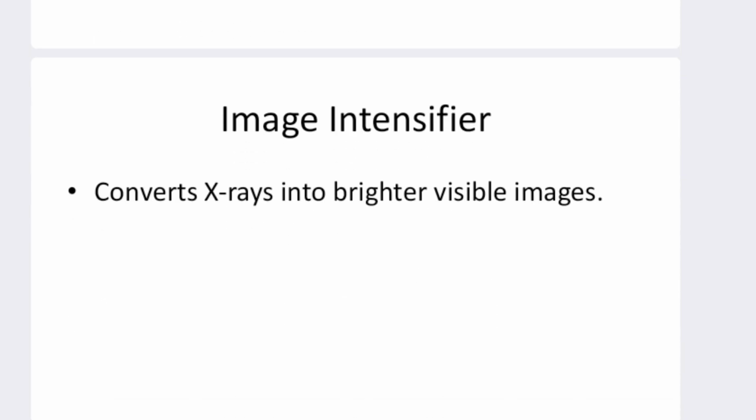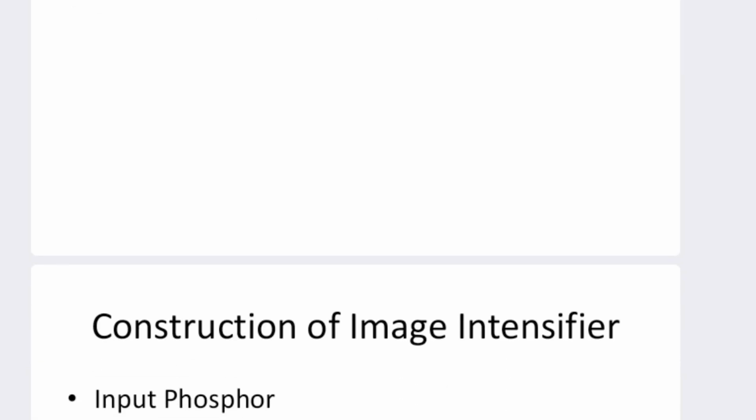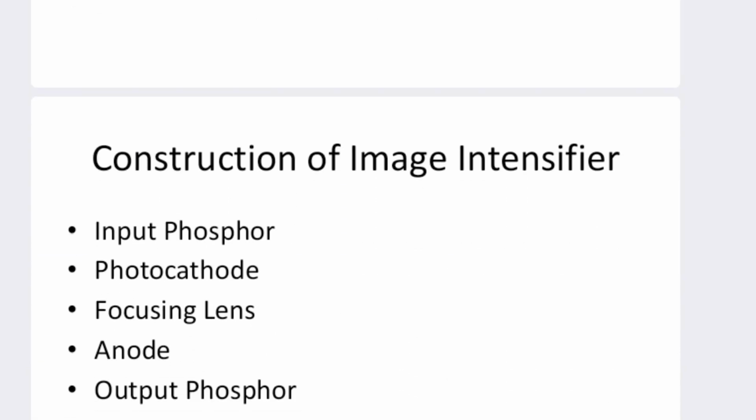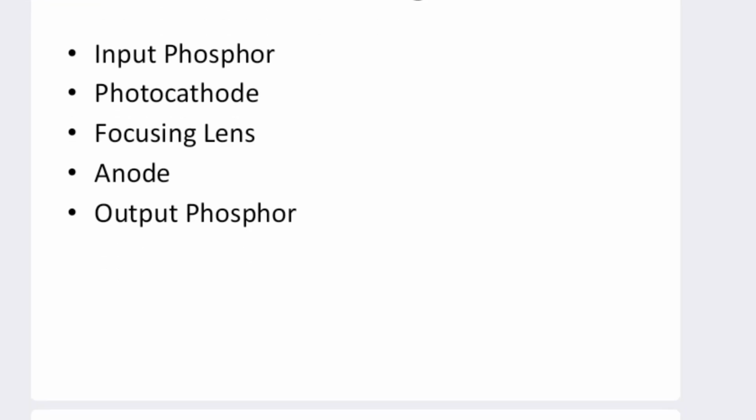Next is the image intensifier. An image intensifier is an instrument that converts X-rays into bright visible images which can be viewed by the radiologist and the technologist. The construction of an image intensifier: it consists of an input phosphor, photocathode, focusing lens, anode, and an output phosphor.